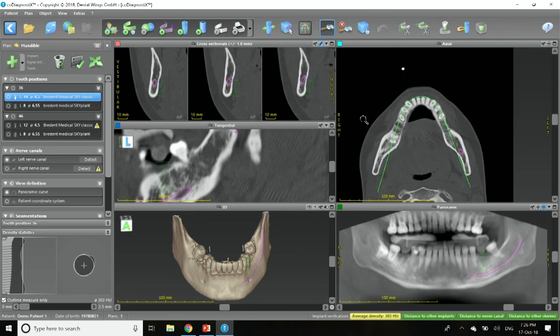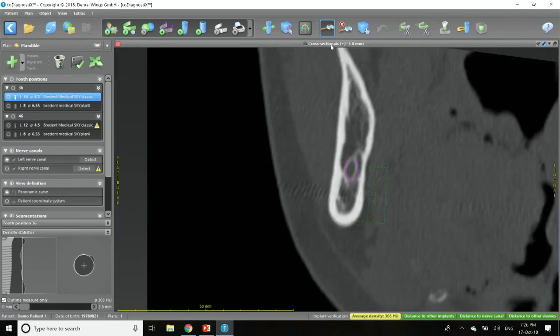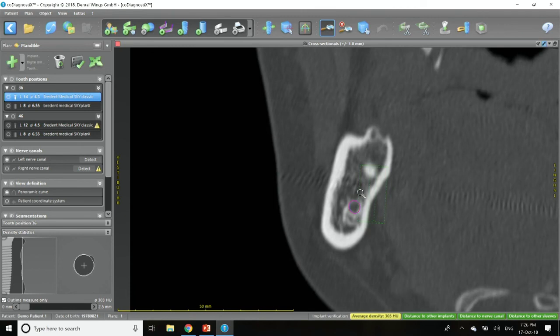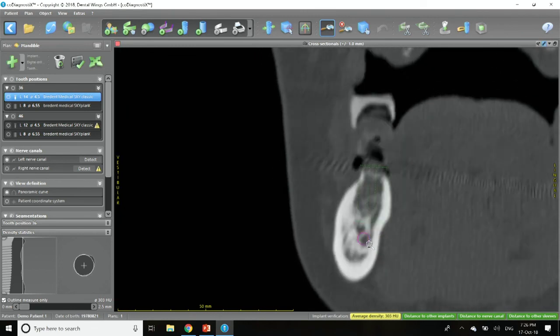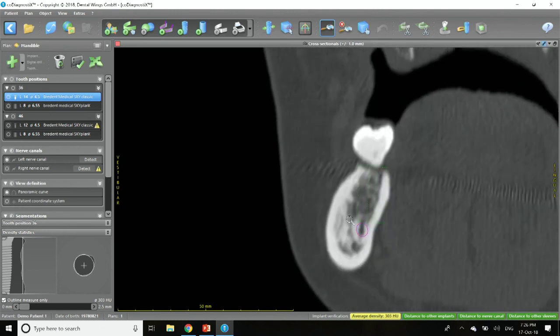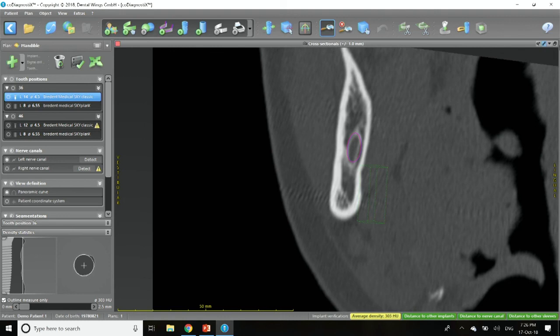And then this view from this side matches this cross-sectional view. And basically, if you play around enough, you can start tracing your nerves and tracing where that nerve goes in relationship to your teeth. And you can trace your mental foramen forwards and backwards.